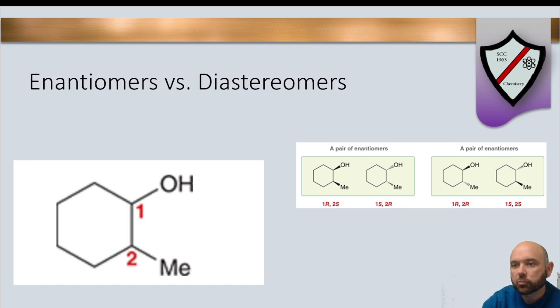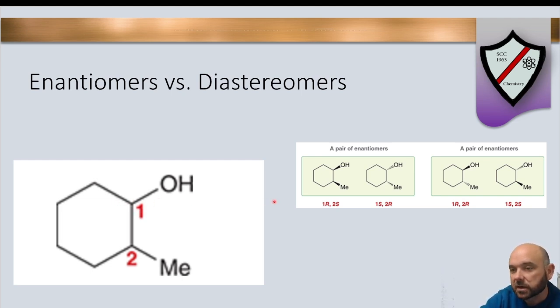So on this slide, we'll take a look at a difference between enantiomers and diastereomers, and we can see this molecule here would be called 2-cyclohexanol, and we can see that the carbons at 1 and 2 would be chiral carbons, and so if there were wedges or dashes shown, we could assign R and S to these different carbons.